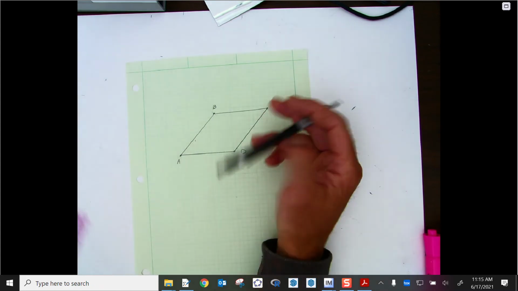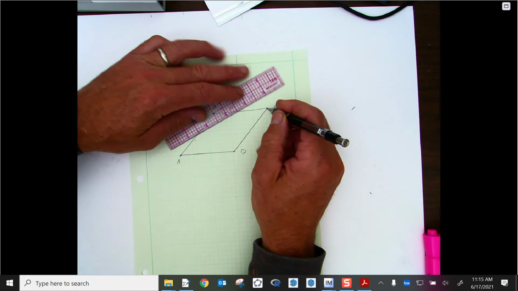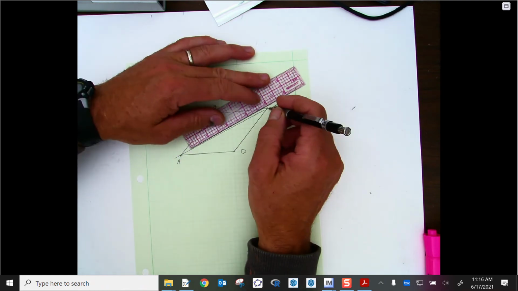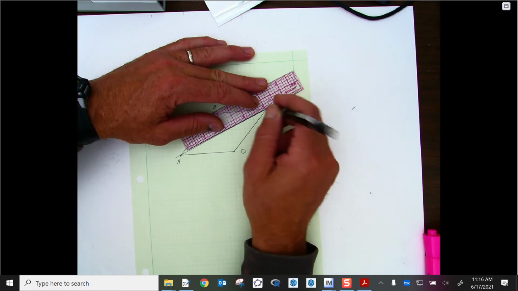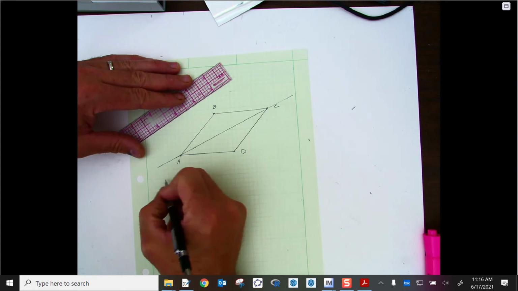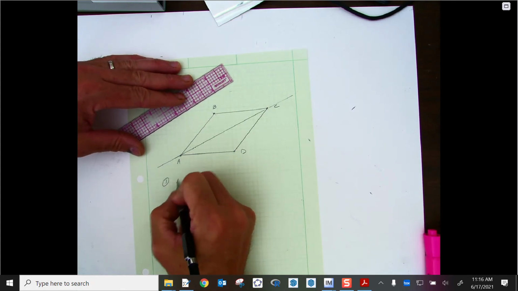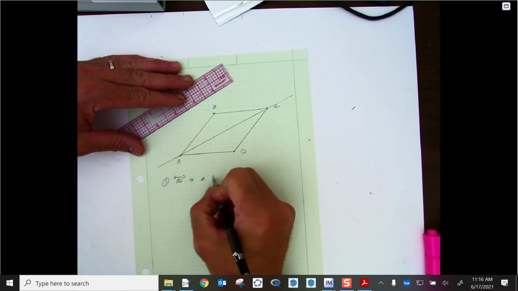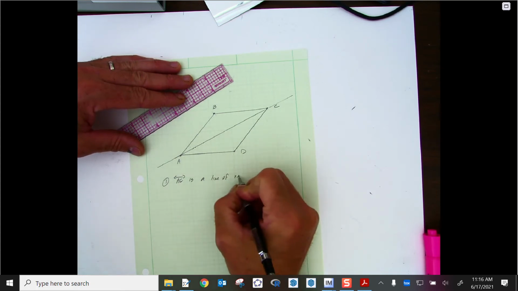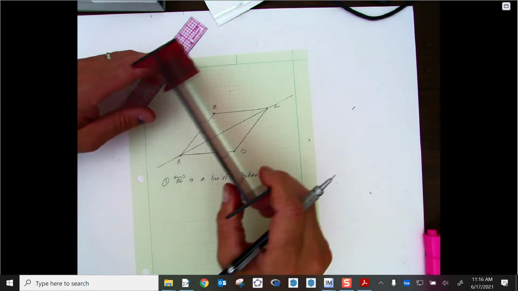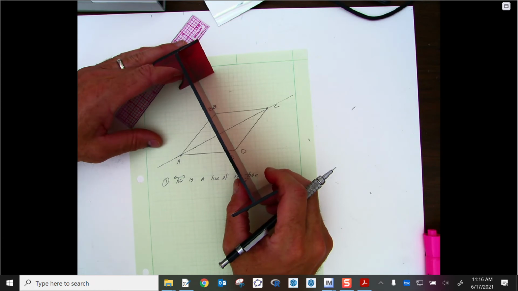So certainly we have a line of reflection, AC. I'll just draw it in. So number one, AC is a line of reflection. It makes sense then that BD would also be a line of reflection.